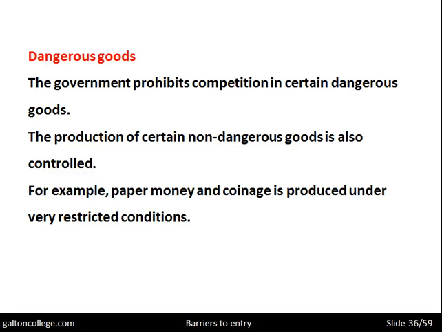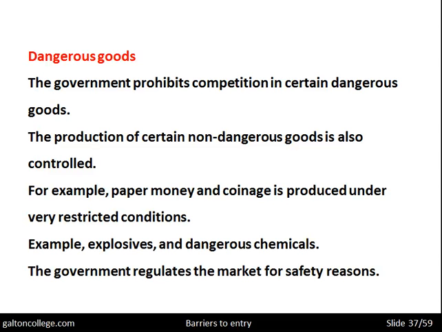And as I said also, with the dangerous goods, explosives and certain types of drugs, in other words, anything which could constitute a danger to the public, the governments will prohibit the production of those items. So dangerous chemicals, explosives, and so on, they will be regulated.